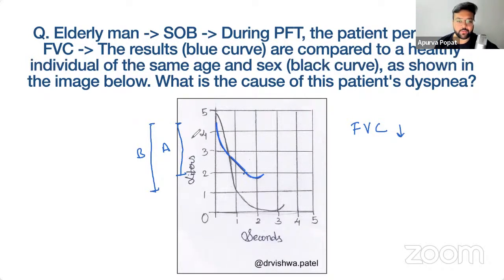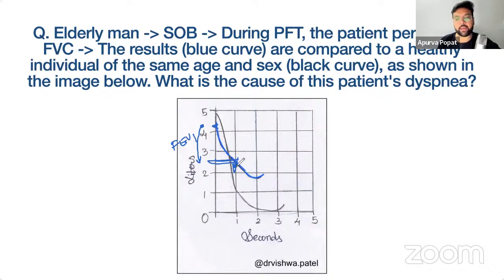I know you got confused with this point. This was the maximal inspiratory capacity, okay, and you expired all the way from up to down. This is FVC. From here to here, this much is FEV1, because this is happening in 1 second.